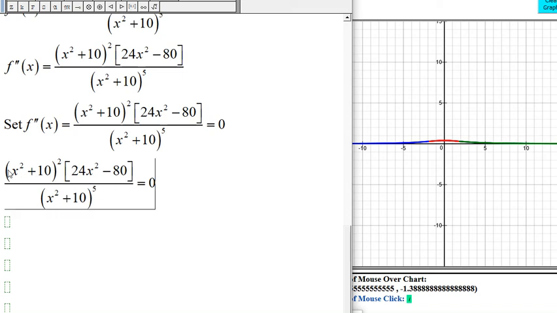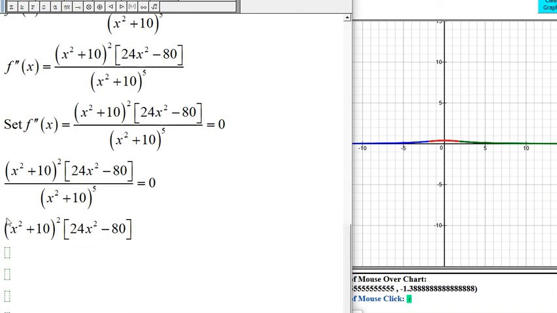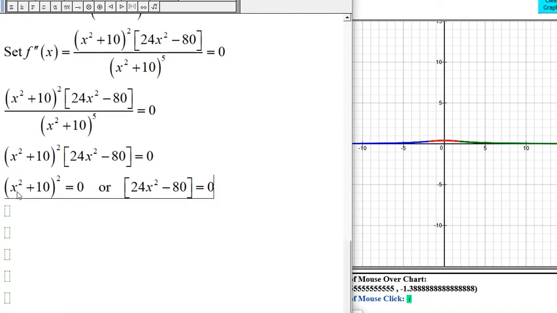And so the only part that can be 0 is this. Which means that this is equal to 0, or this is equal to 0. This is x squared plus 10, and so this part right here will always be greater than 0. It will never be 0.